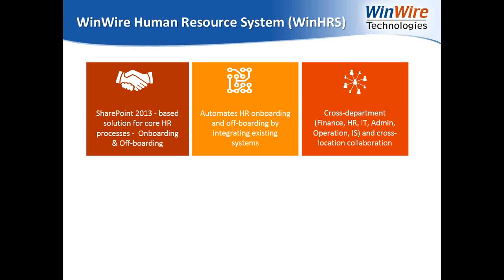And one of the key advantages you get out of WinHRS is that it provides cross-departmental as well as cross-location collaboration. When we talk about onboarding or offboarding, it requires almost every single department's involvement, or the majority of departments' involvement.